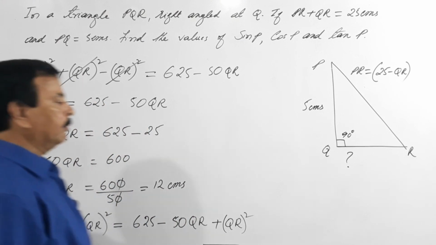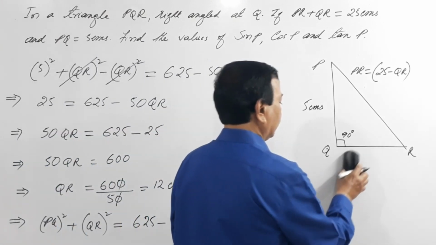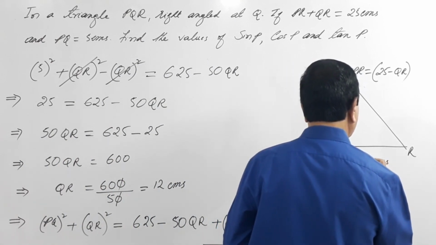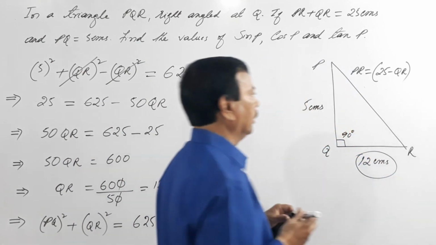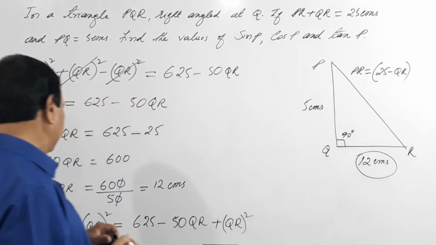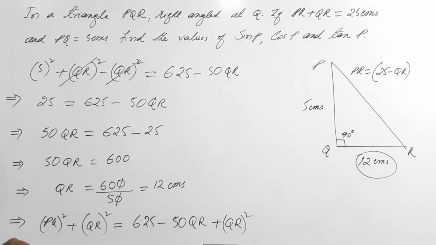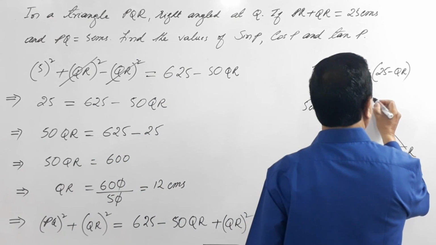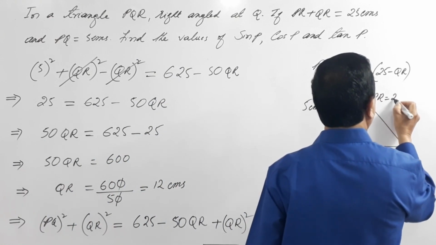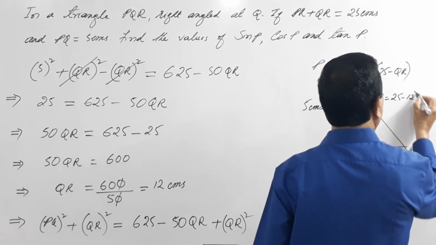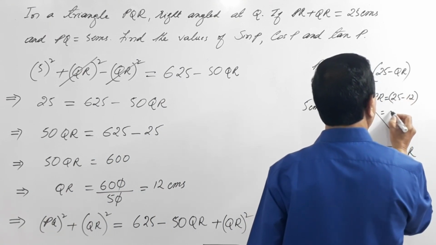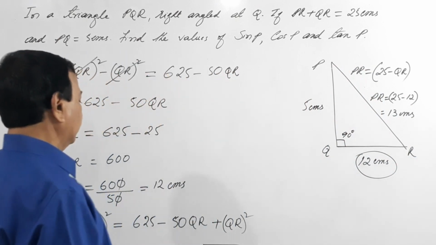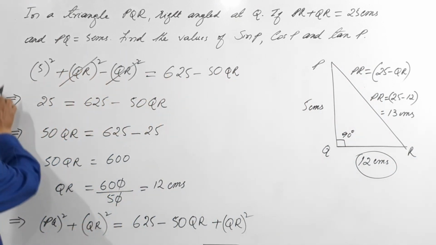So therefore QR will be 12 centimeters. I put it within a circle. And what will be PR? PR will be 25 minus 12, that is equals to 13 centimeters.